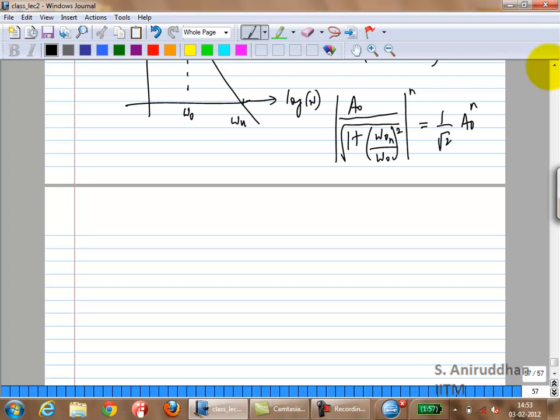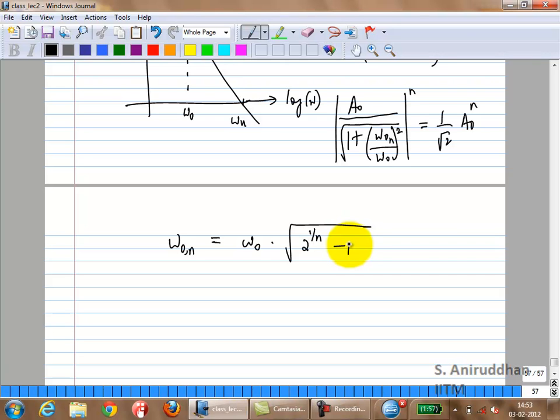So of course A naught power n gets cancelled, you can square and get the two terms, and this is what you get if you simplify. A naught gets cancelled, square, correct? So this tells you the amount of shrinkage you have in the bandwidth when you cascade n equal amplifiers.